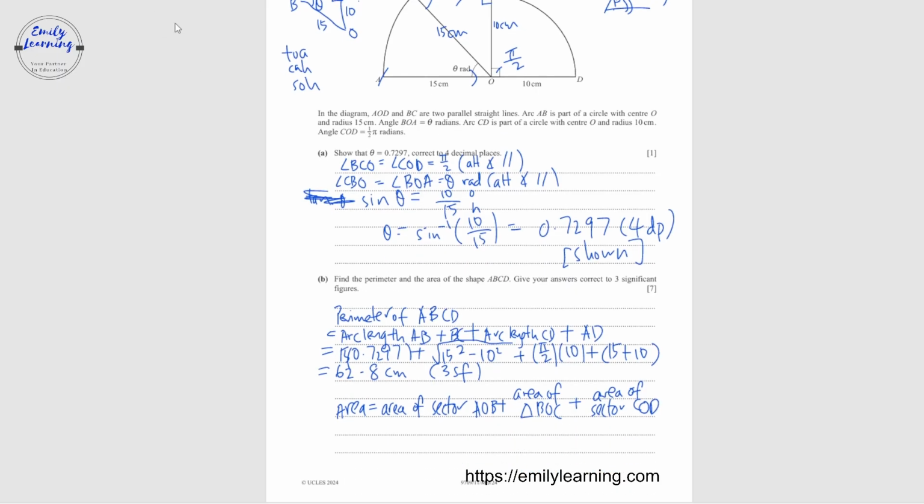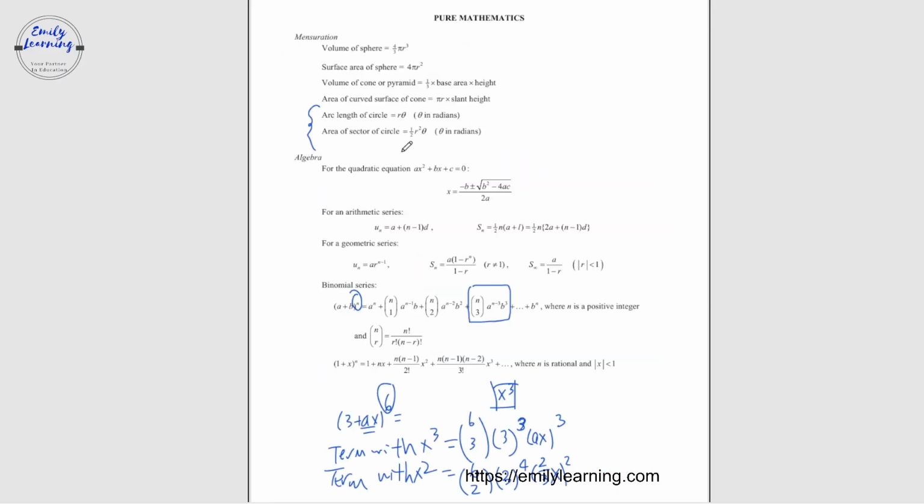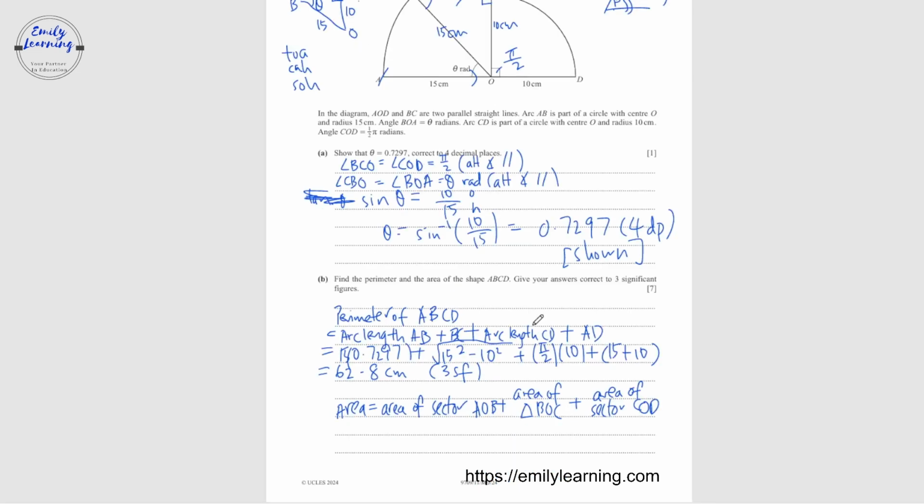We know that to find the area of a sector is half r squared theta. So the area of this is half times radius squared, which is 15 squared, and theta is 0.7297.